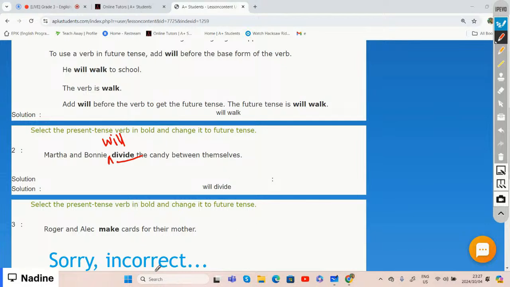All right, the next one says Roger and Alec make cards for their mother.